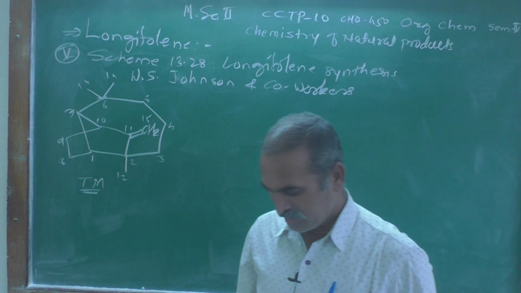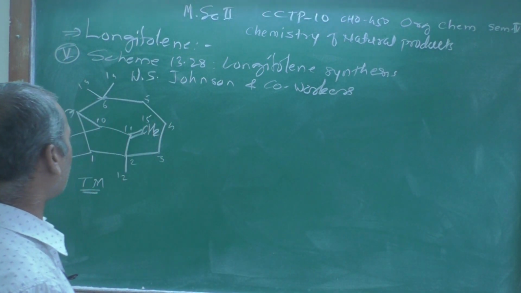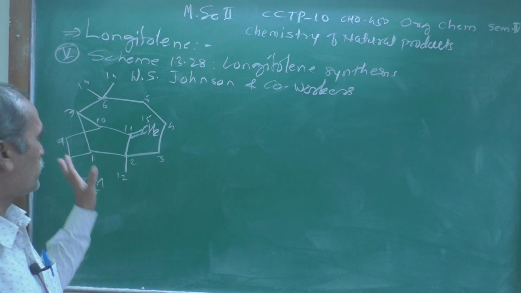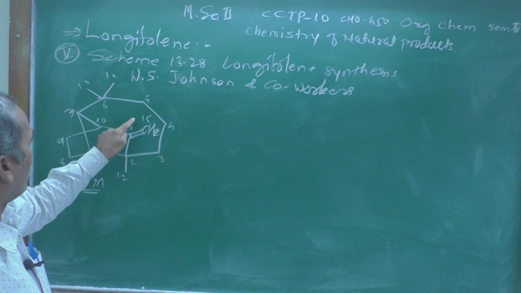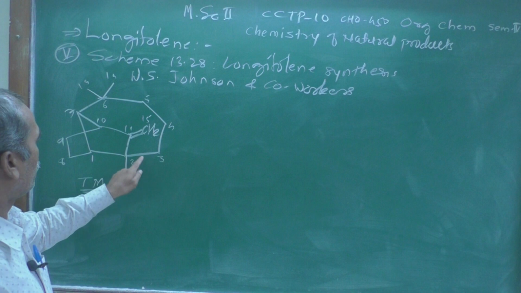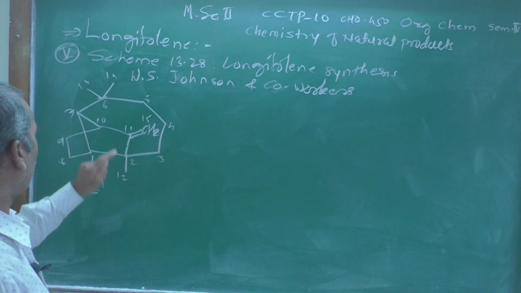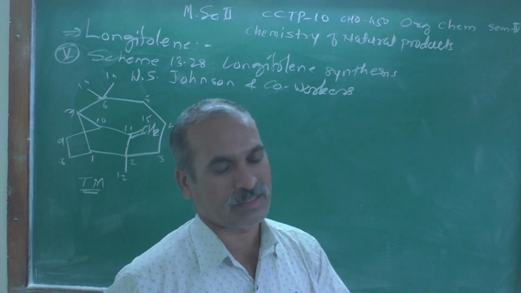There are 15 carbon atoms present, and one olefinic functional group, and it is tricyclic. Look, there is one 6-member ring, another is an 8-member ring, and one is a 5-member ring. So there are 3 rings, tricyclic.